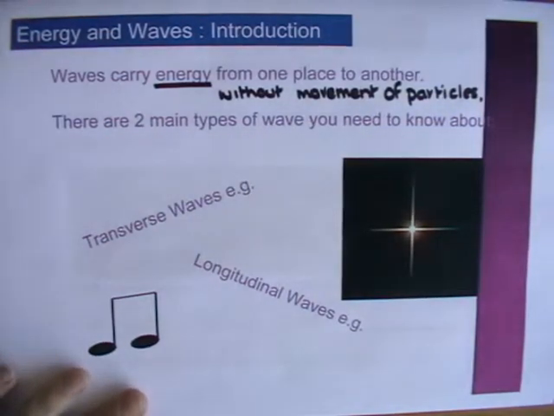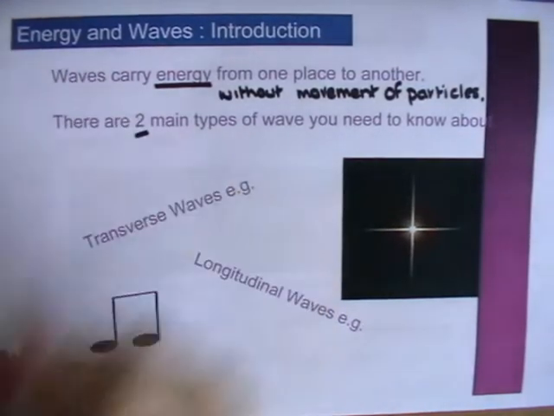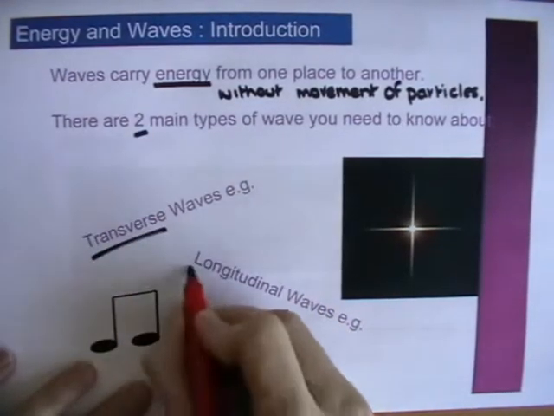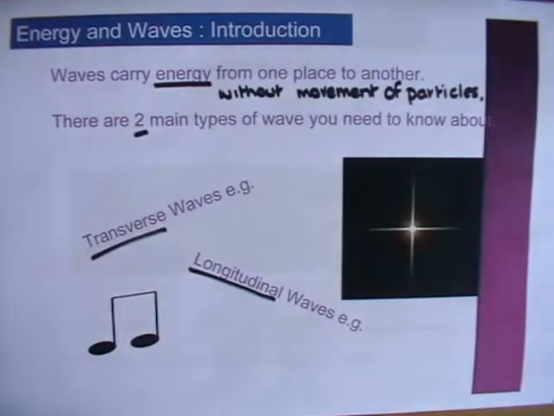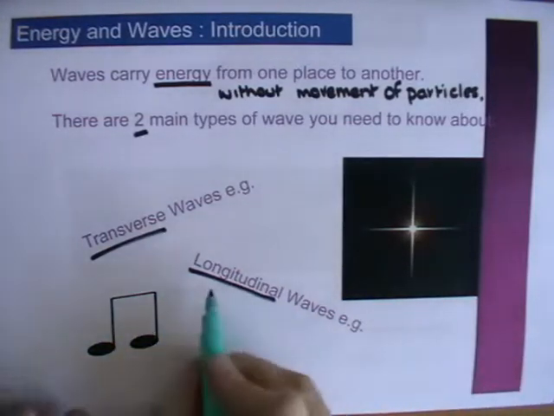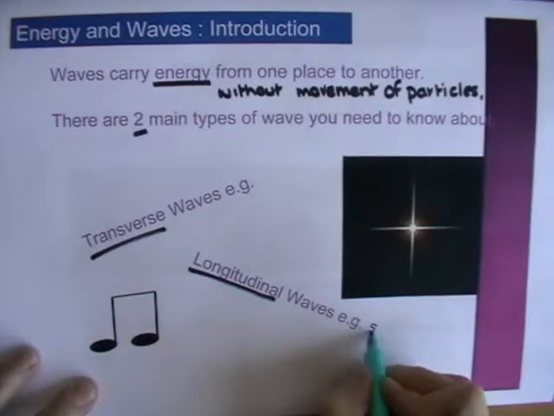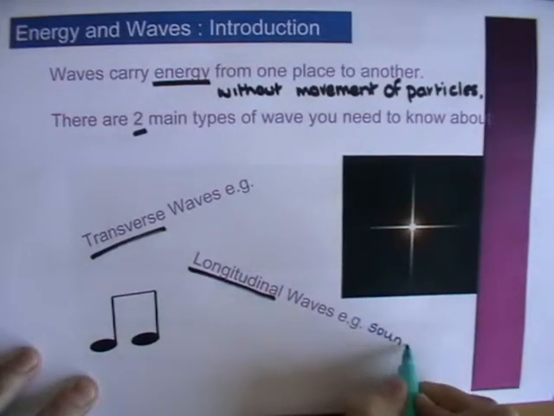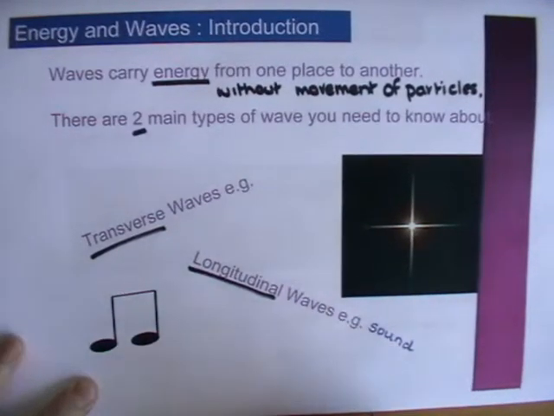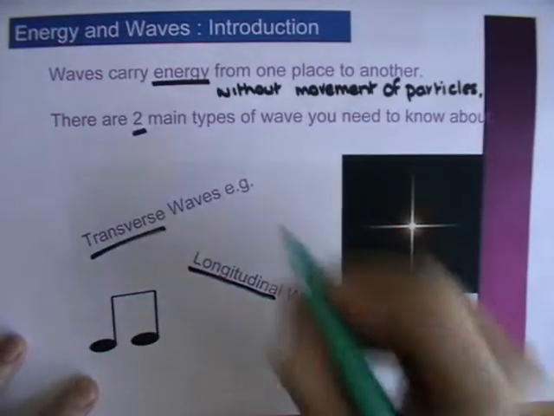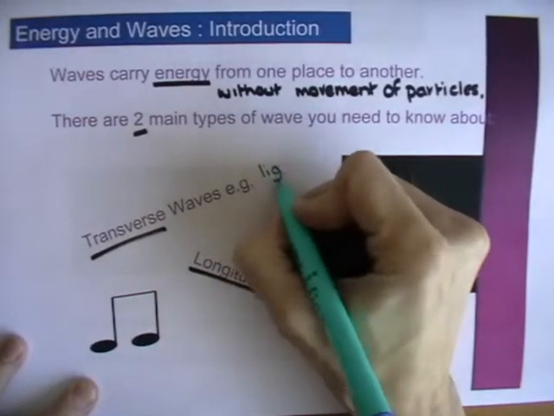So there are two main types of waves you need to know. They are transverse and longitudinal. Examples of transverse waves, well, I'm going to do longitudinal first. The main example of longitudinal waves is sound, and that's the one you really have to remember. Transverse waves could be anything from light.